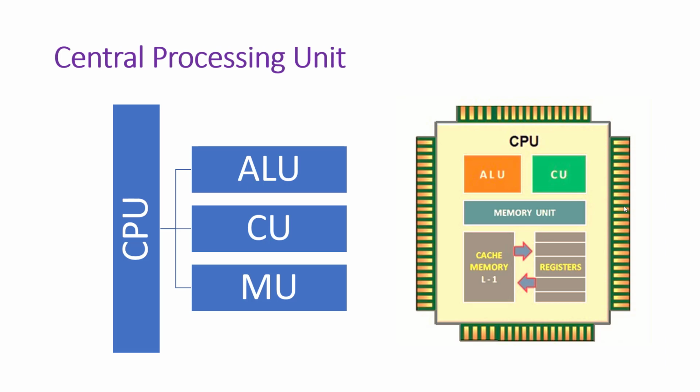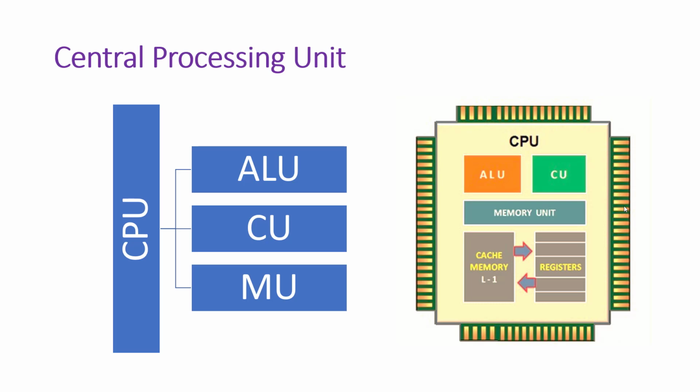Next is the central processing unit. The central processing unit can be classified further into 3 parts: ALU, CU, and MU. ALU stands for arithmetic logic unit, and this is the main brain of the CPU itself. The arithmetic logic unit calculates the mathematical and logical instructions and feeds the result back to the user, or to the concerned devices or units.